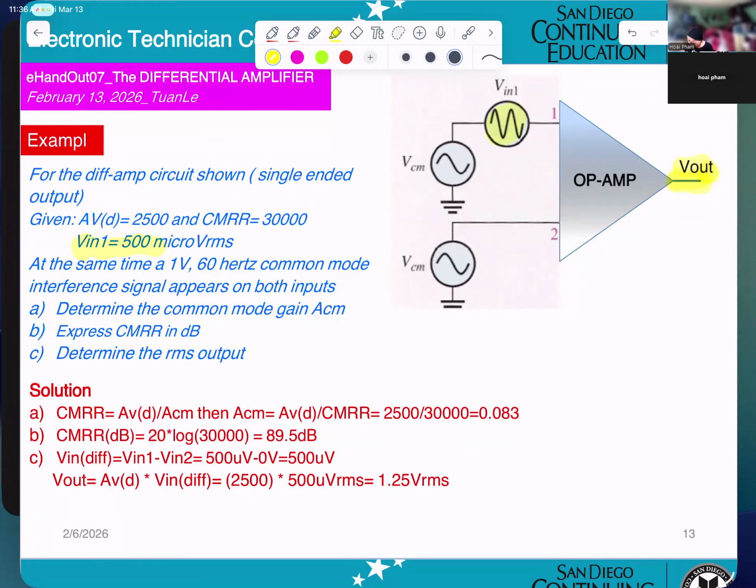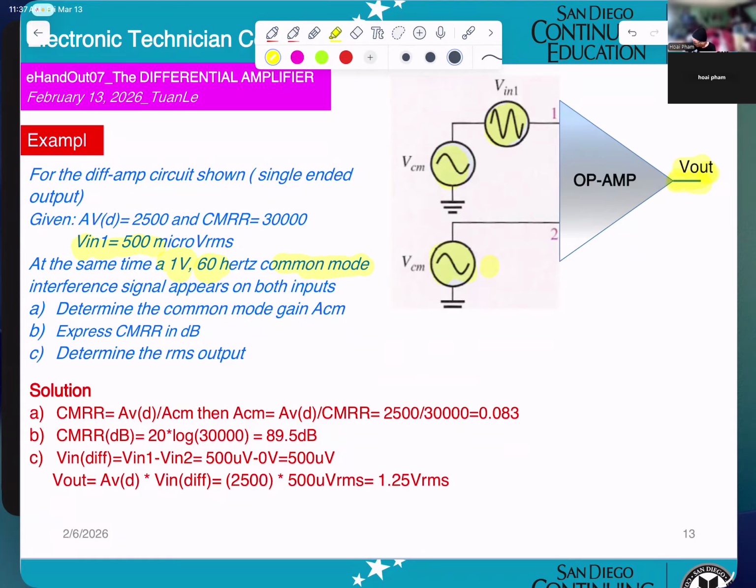At the same time, a 1 volt, 60 hertz common mode interference signal appears on both inputs. Consider it to be the noise affecting both inputs of the amplifier.